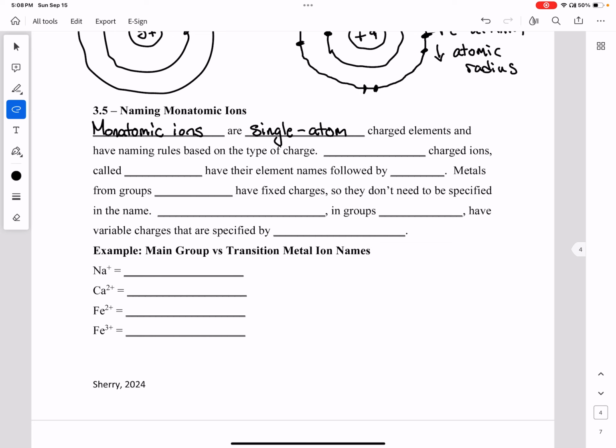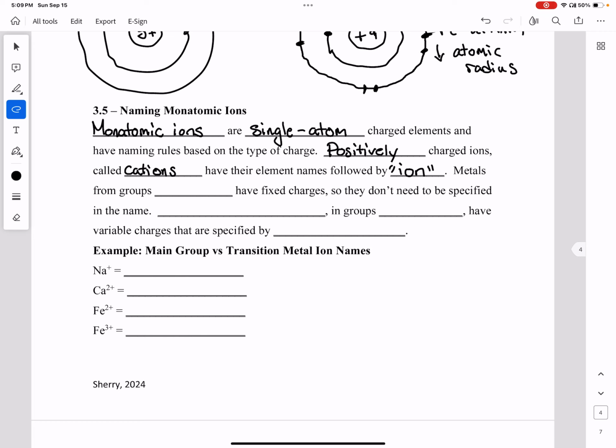So positively charged ions, those are called cations, not "cations," cations. And they just have their element names followed by the word "ion." Put that in quotation marks.